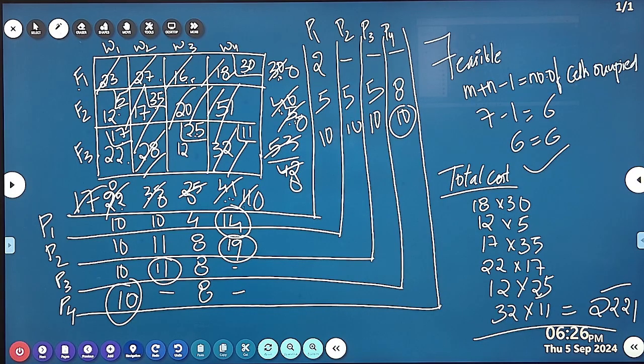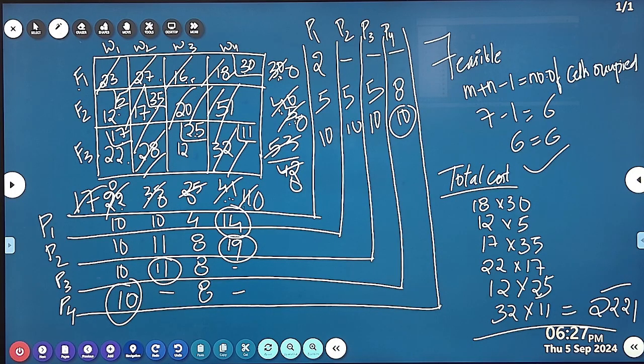So now 41 minus 30, still how many units will be there in W4? 11. Okay. So next do F2 like that only, cross this one because it became 0, right, F1 पूरा units मिला था उसको इसीलिए. Next F2 करो, next. So which one is the least cost? 12, next one 17, so 5, write down 5, next 12, next 22, so it's 10.